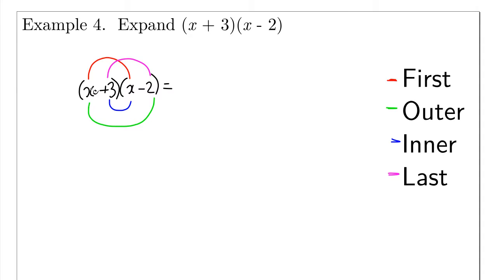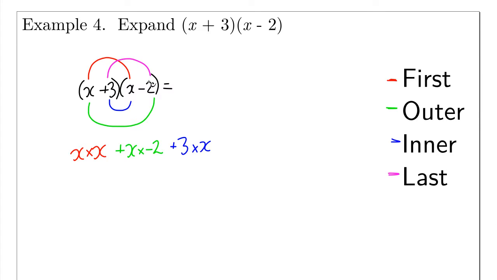So the first terms multiplied together, x multiplied by x. Then we have the outer terms multiplied together, and that is x multiplied by minus 2. Then we have the inner terms multiplied together, and that's 3 multiplied by x.